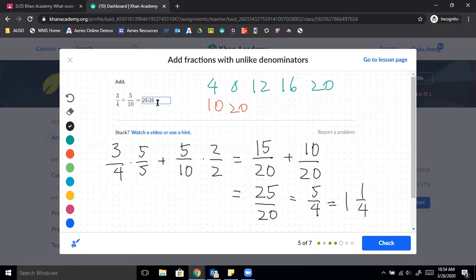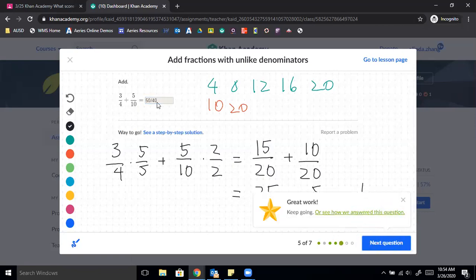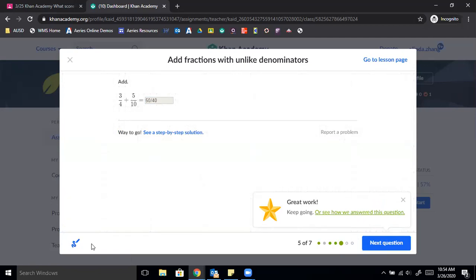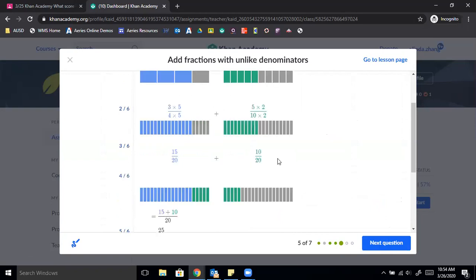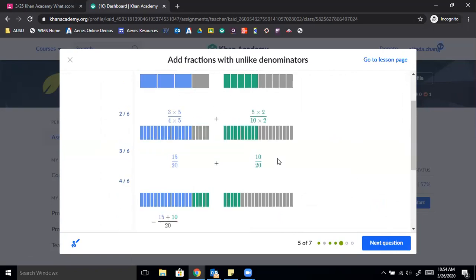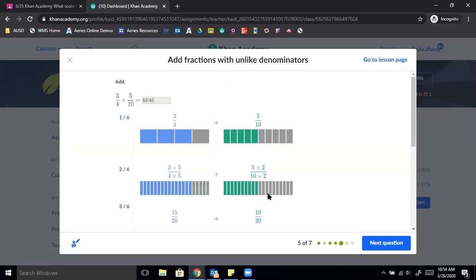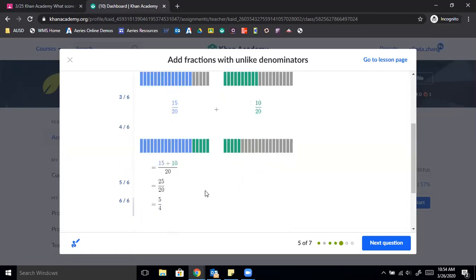If you did 40, that would be 50 over 40. Yep, still got the right answer. Or see how we answered this question, if you're just curious, or you just like to see their beautiful models, because they have beautiful models. So they turned into 20ths.